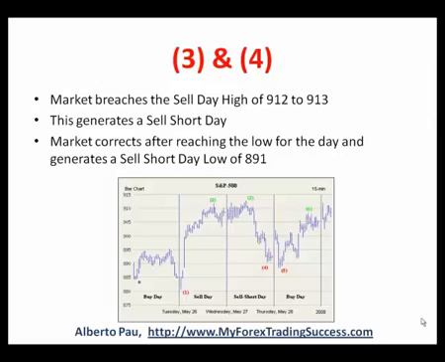Okay, Taylor theory telling us that it is very likely that the market will correct. And indeed, the market corrects after reaching the low for the day, okay, and effectively generates a sell short day low at 891. Okay, so here we would have gone short at point 3, okay, and we would have closed out the short position at point 4 and made a very good profit.